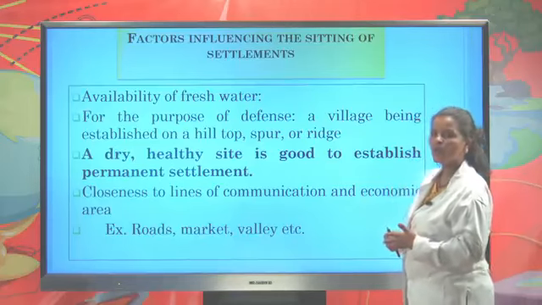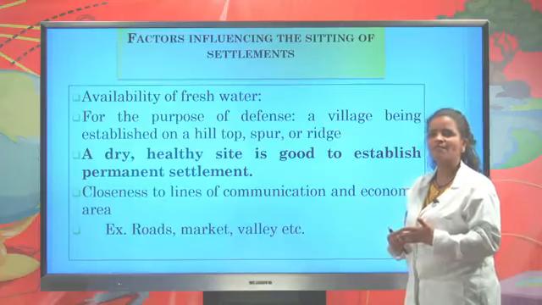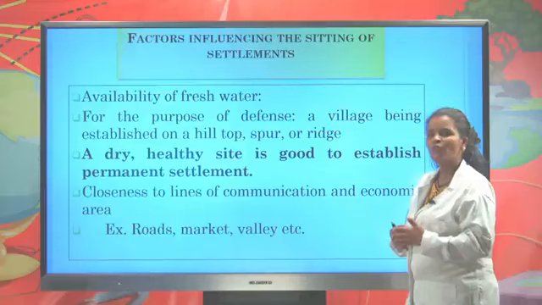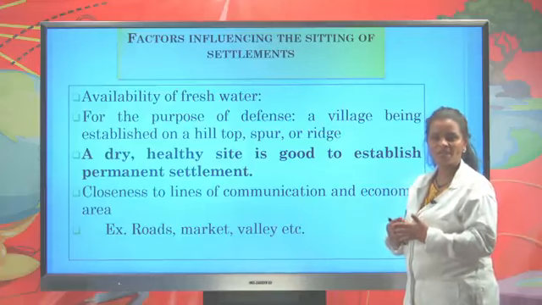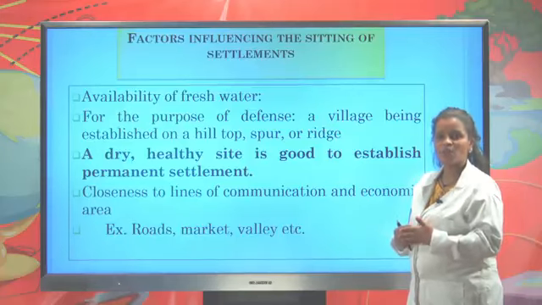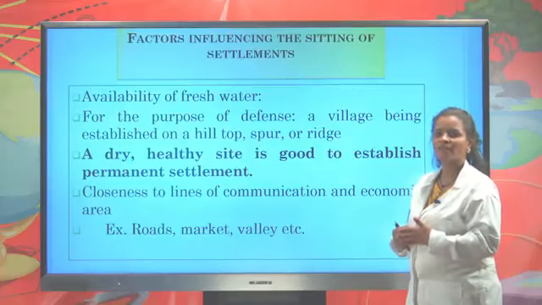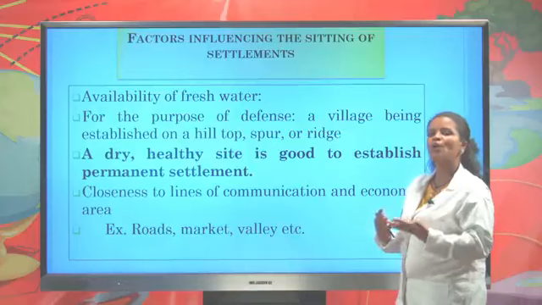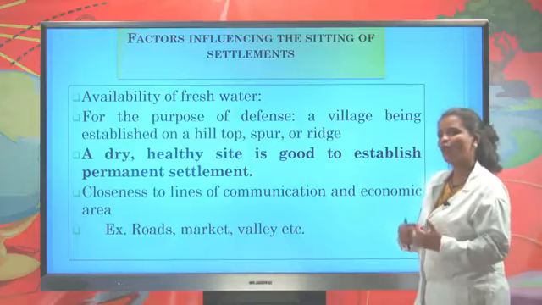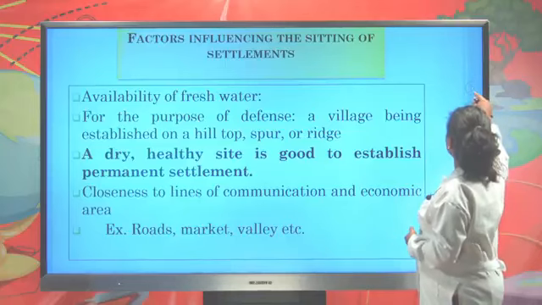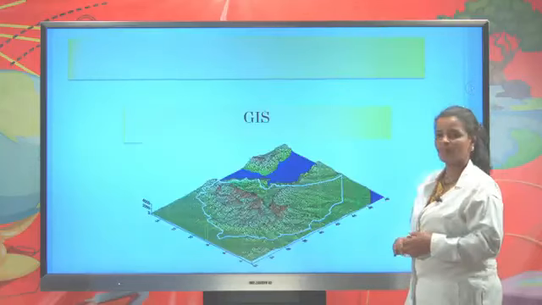Also, for the purpose of defense, a village may be established on a hilltop, a spur, or a ridge. A dry, healthy site is good for establishing permanent settlement, and closeness to lines of communication and economic areas is also good for settlement. So, different factors influence settlement.